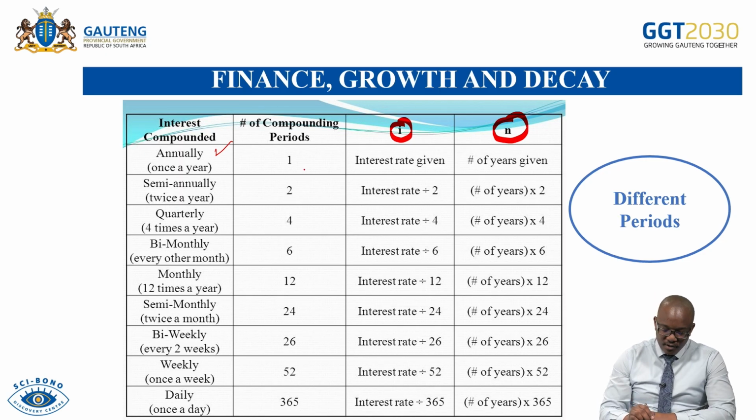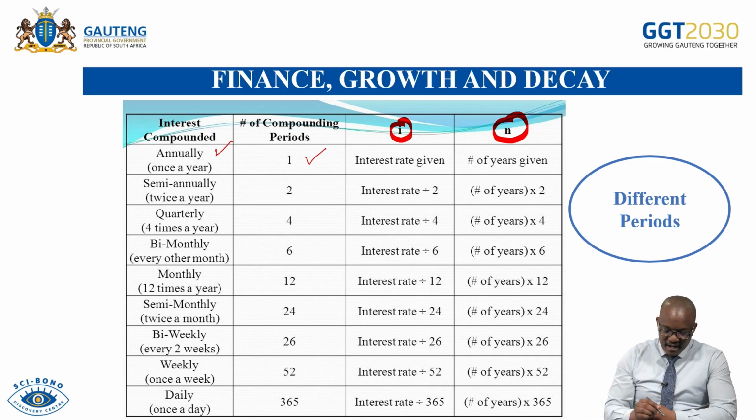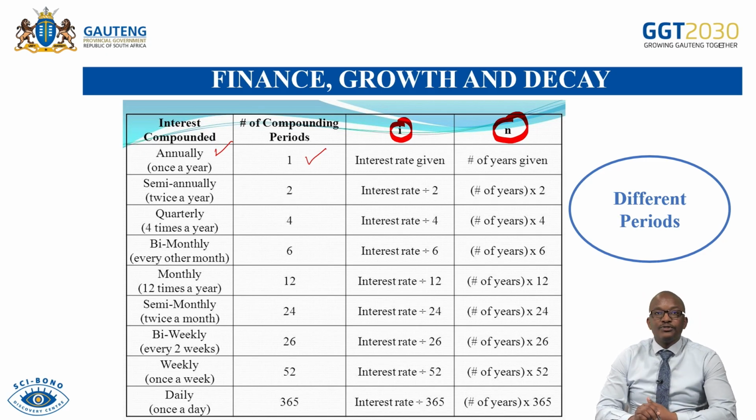Then your different compound, it will be only one. Remember, it's annually. Annually, it means it's only once a year, correct? Then now, the second one, when they're saying semi-annually, it means the interest is charged 2 times a year. Semi-annually is 2 times a year.